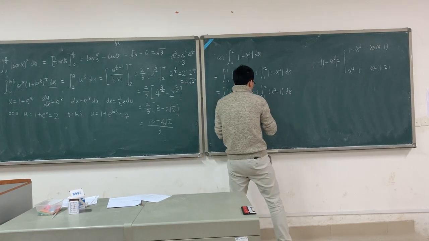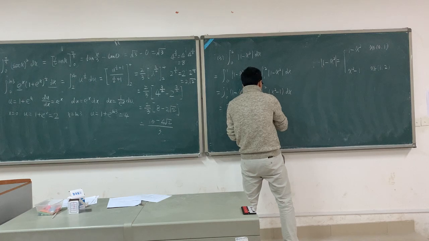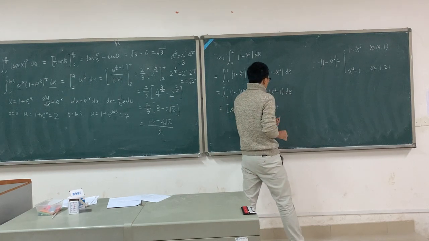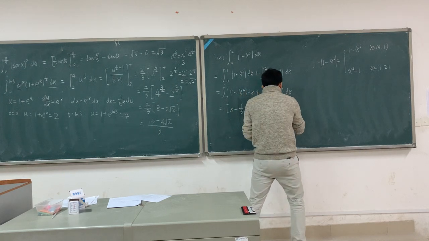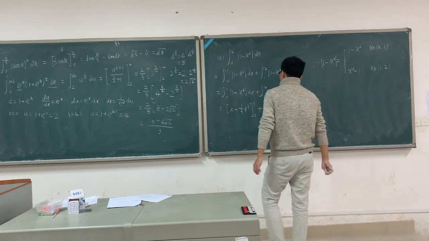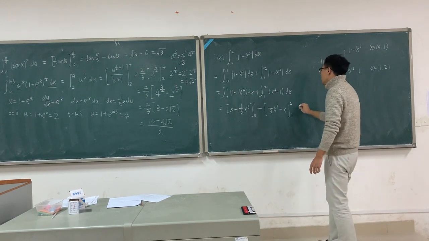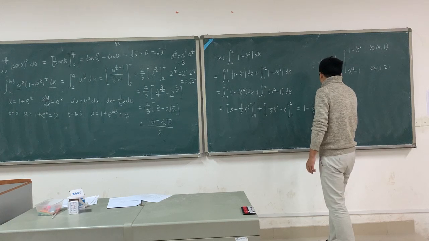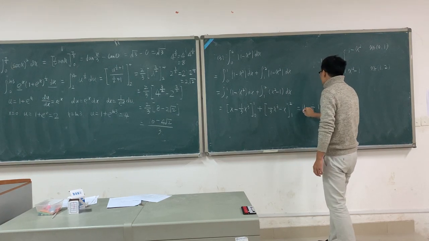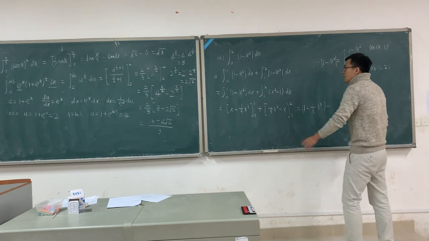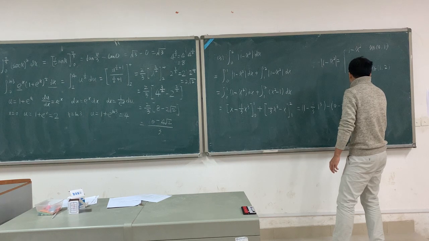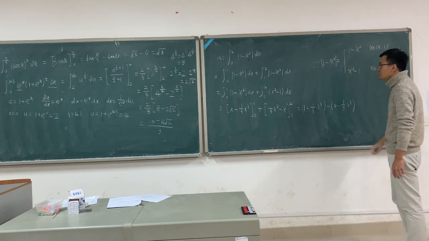So this is the antiderivative evaluated at 1 minus evaluated at 0. And plus the antiderivative of x squared minus 1, which is 1 by 3 x cubed minus x, evaluated at 2 minus evaluated at 1. So the result should be 1 minus 1 by 3 times 1 cubed, minus this function evaluated at 0, that's the first part.